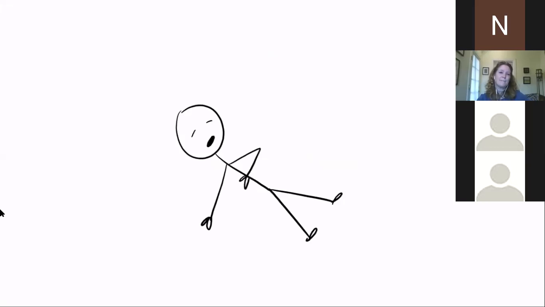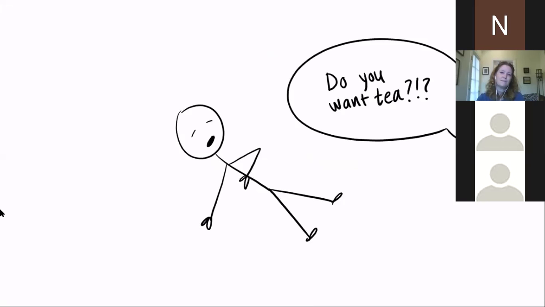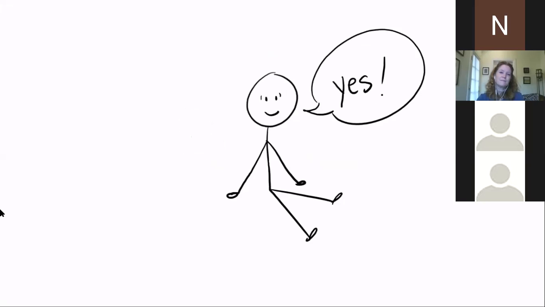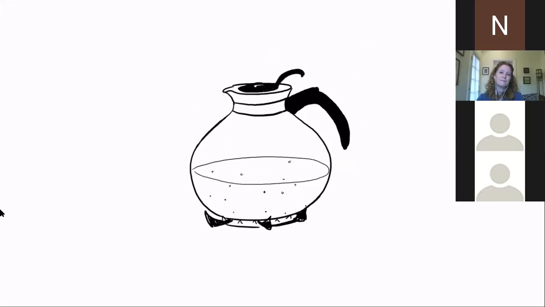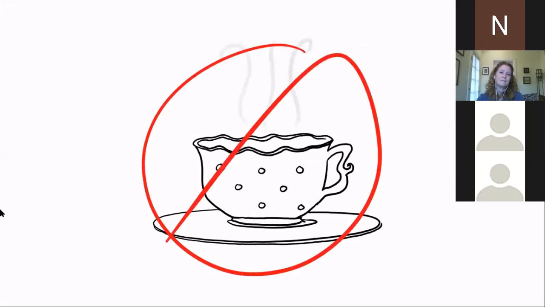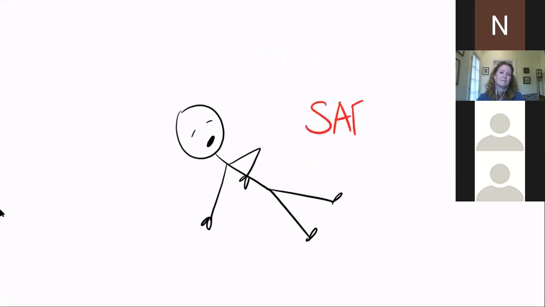And if they're unconscious, don't make them tea. Unconscious people don't want tea. And they can't answer the question, "Do you want tea?" Because they're unconscious. Okay, maybe they were conscious when you asked them if they wanted tea. And they said yes. But in the time it took you to boil the kettle, brew the tea, and add the milk, they are now unconscious. You should just put the tea down. Make sure the unconscious person is safe.